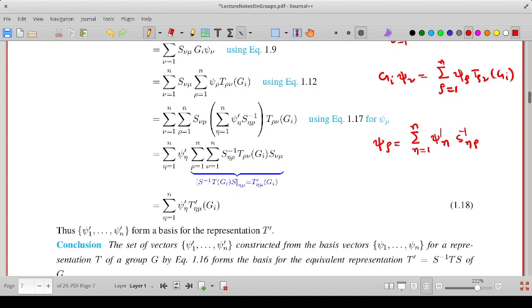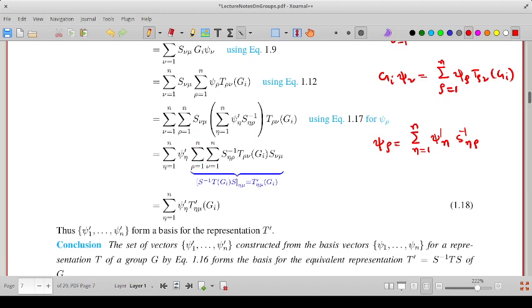Now we note that these are all finite sums, and I can take this summation to the left. That is, I can perform this summation as the last summation, and I can perform these summations before this one. So taking this to the left, I have sum over eta running from 1 to n. Then I have this vector psi dash eta here. Now these other factors, S nu mu, S inverse eta rho, and T rho nu, depend upon nu and rho.